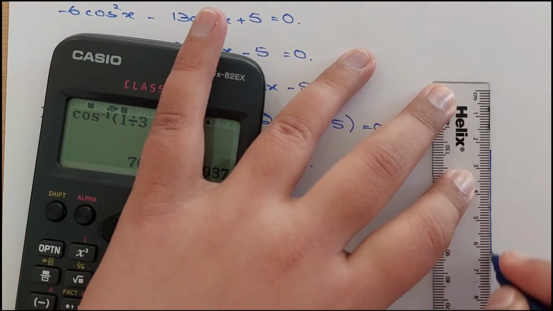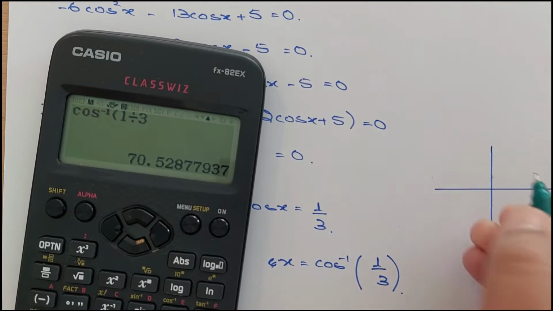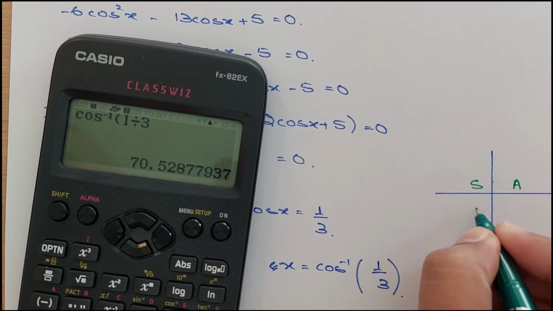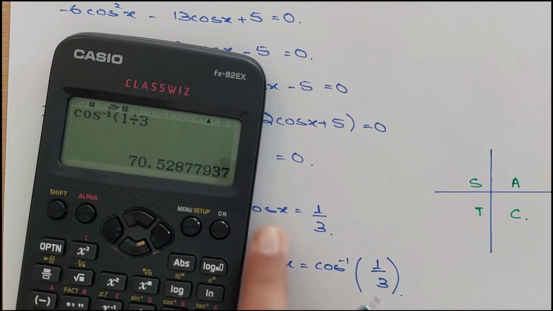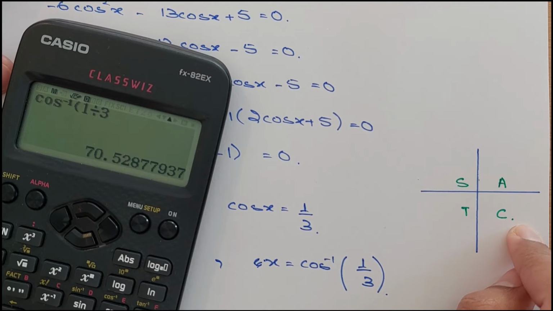Now let me check in which quadrant cos is positive. If I draw the coordinate system, we have A, S, T, C. Here cos is positive in the first and the fourth quadrant.